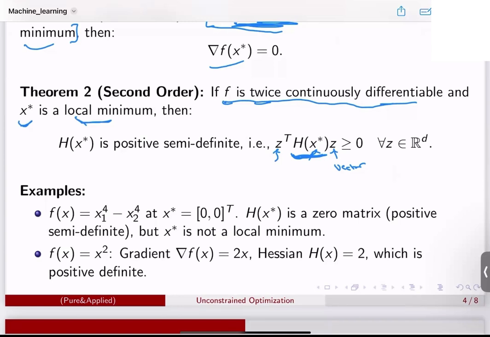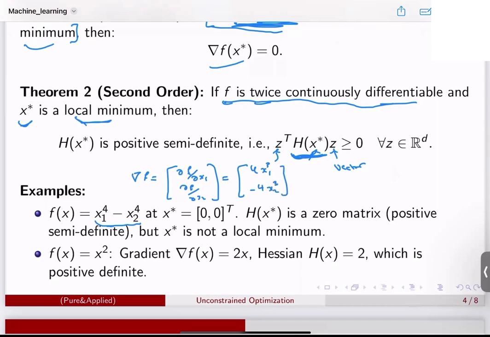as an example to keep in mind, look at this function. You don't want to make the mistake of taking the gradient and setting it equal to 0, because that won't give you the right solution. If you look at the gradient of this function, we take del f by del x1 and del f by del x2, and you will see that this is 4x1 cubed, and here minus 4x2 cubed.